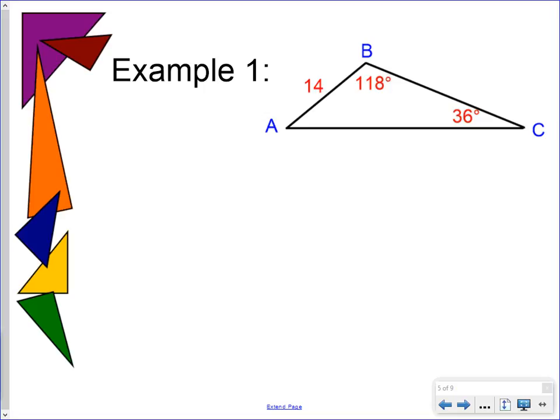And then think about what the ratio might equal.